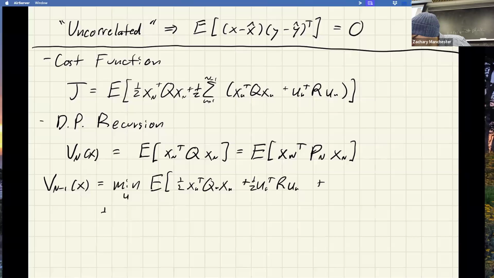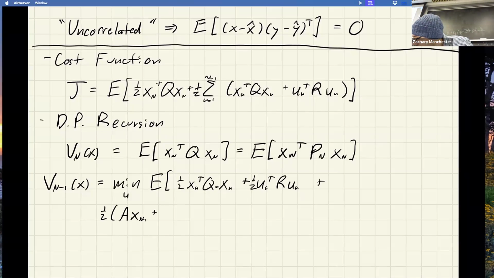That's almost the same as before, with the one exception that we now have this additional noise term in the dynamics. I guess this should have been n minus 1. So now we have the W. Again, exactly the same as LQR with the one exception that now we have this W in here.